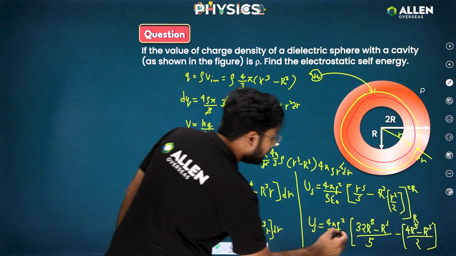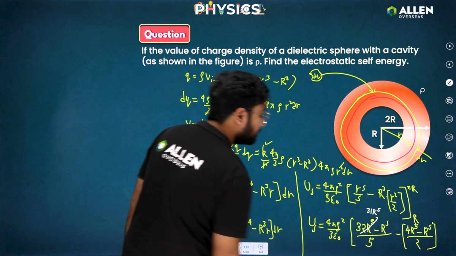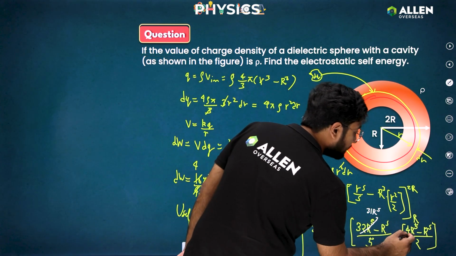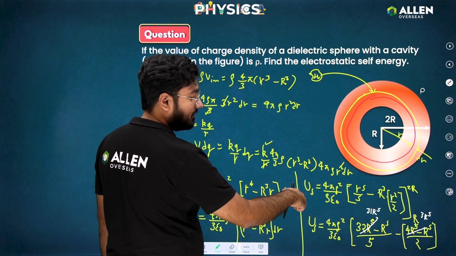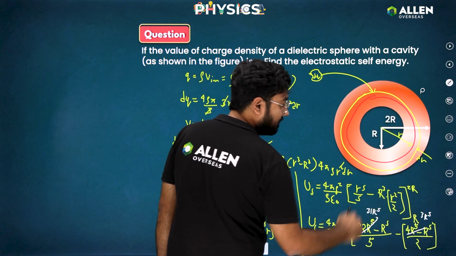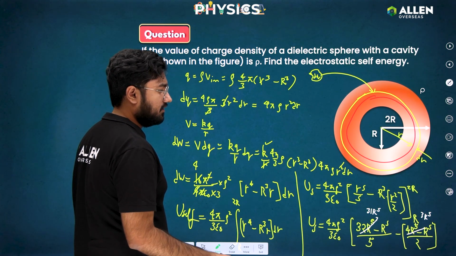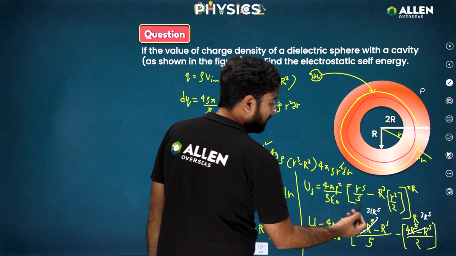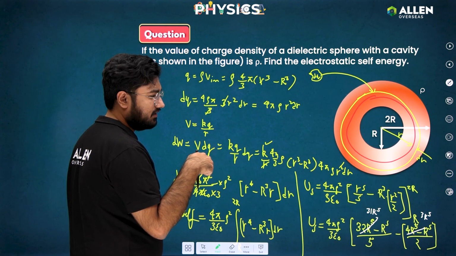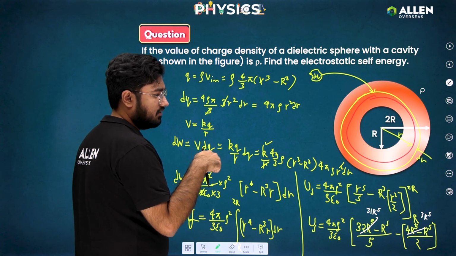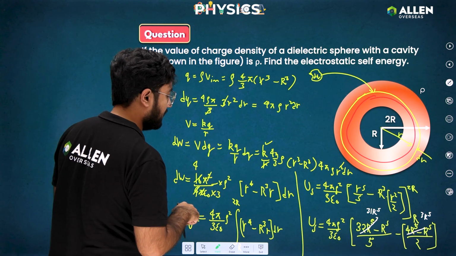Let me write it here only. So this is 31 r to the power 5. This is 3 r to the power 5. So 31 into 2, 64, and this is 15. 64 minus 15, it will be 47, right? 47.